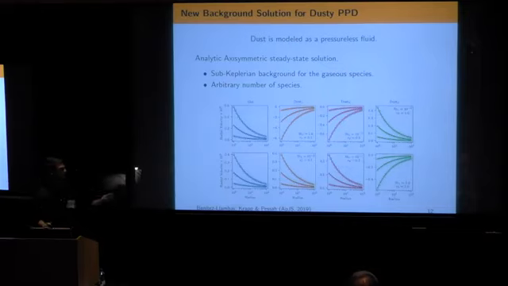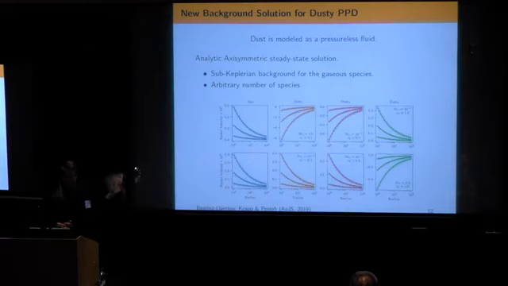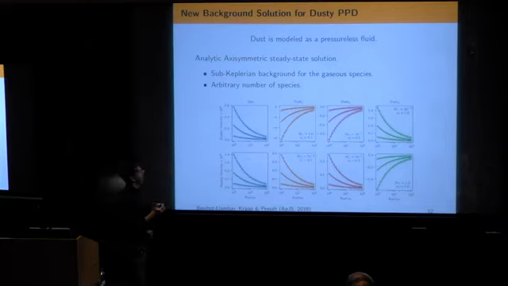This is the first time I will introduce dust, because what we can do with this method is to treat dust as a pressureless fluid. But I also mentioned that we can apply our framework to MHD or to other species if you want to mix gases or other kinds of physics. That could be done in principle. But now let's talk about dust.